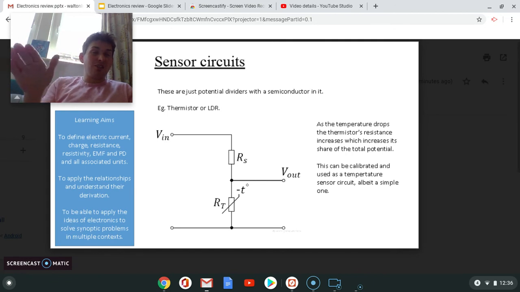Like 10 to the 28 is a good conductor. Significantly less than that is a poor conductor, or even worse would be an insulator. But yeah, all of that stuff is just the detail that you should know, right?